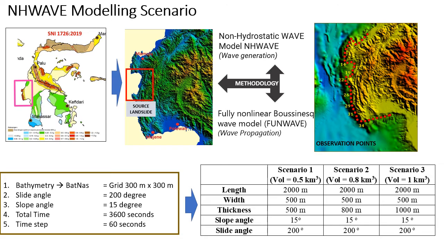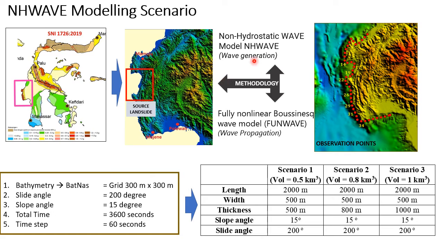The main area for our study is shown in the pink box in the left picture, and then we move to the other figures. The red box is where the source landslide is located. In this study, we use two different models.